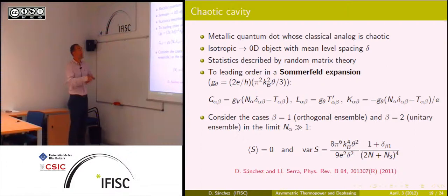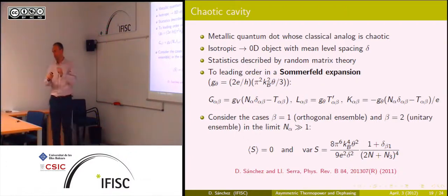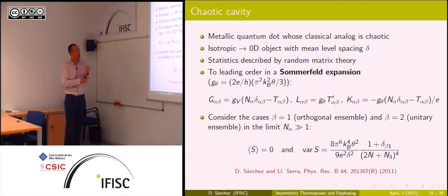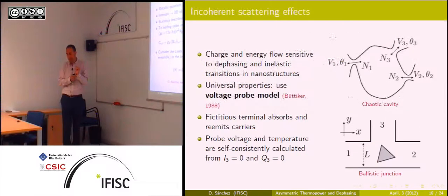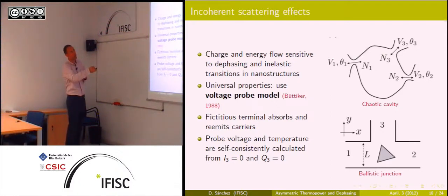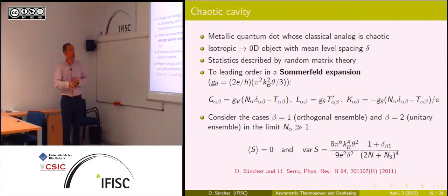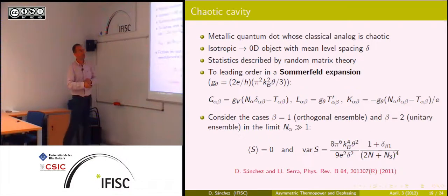And using random matrix theory, you can do some analytics or some numerics. We use analytical expressions which are valid in a kind of one-over-N expansion, when the number of modes which connect this cavity to the external reservoirs is large.